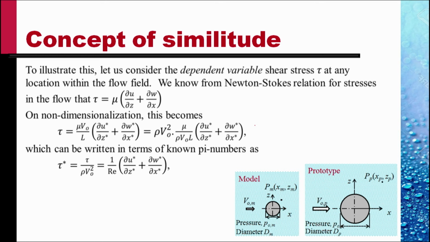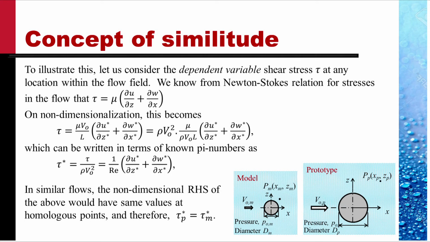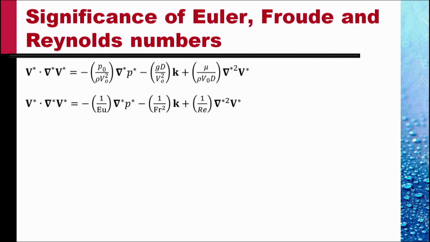And now if I take this tau star which we measured from the model and multiply it with the value rho v naught square for the prototype, I will get the shear stress for the prototype. In similar flows, the non-dimensional RHS of the above would have the same values at homologous points, and therefore tau p star would be tau m star.